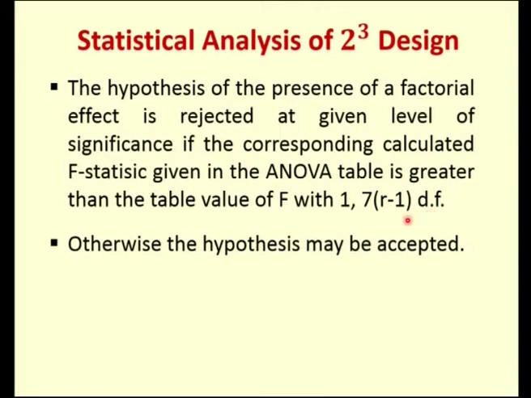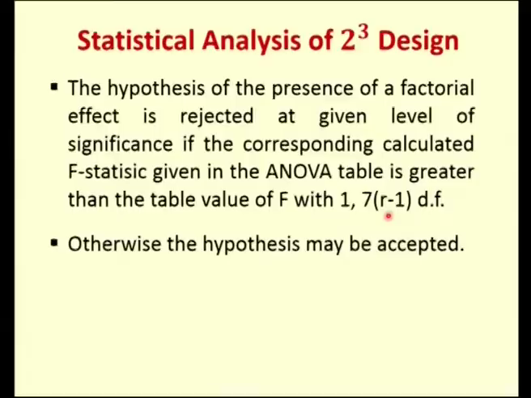So, all the calculated values given in the ANOVA table are compared with different F table values with respective degrees of freedom at a given level of significance, maybe 5% or 1%. If the table value is less than the calculated value, H naught is rejected, otherwise H naught may be accepted.